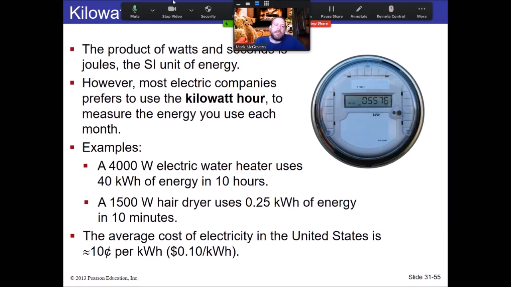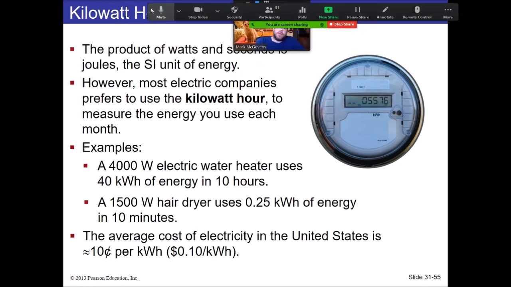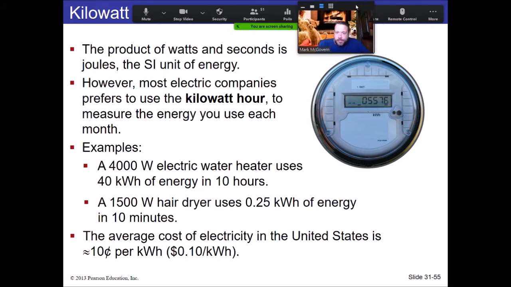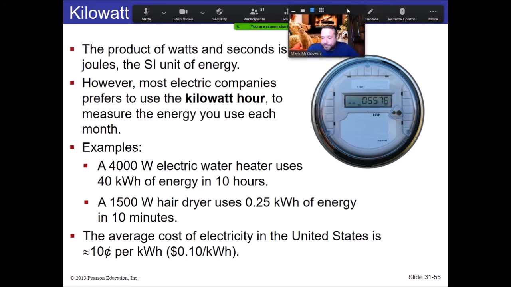Okay, so in terms of energy production, there is another unit that you've heard about, if you're paying an energy bill. One way to specify energy is joules, right? But kilowatts, thousands of watts, times a unit of time does correspond to energy.